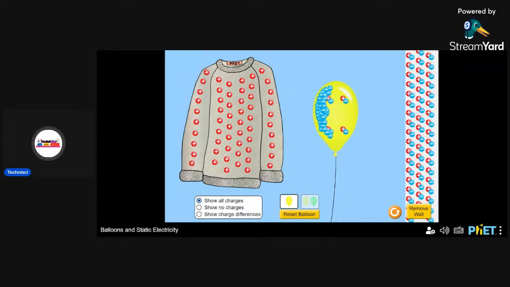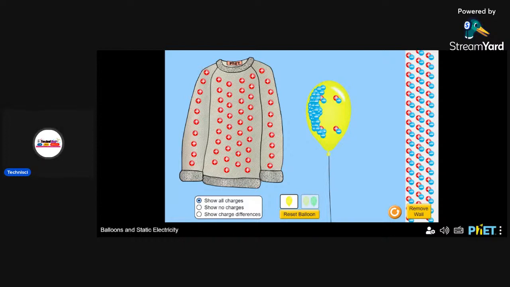The balloon is now what charge? So sweater is positive. Balloon is negative. Good. Has excess negative, so it is negatively charged.